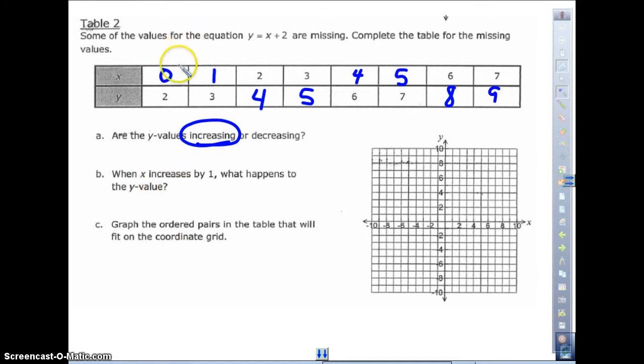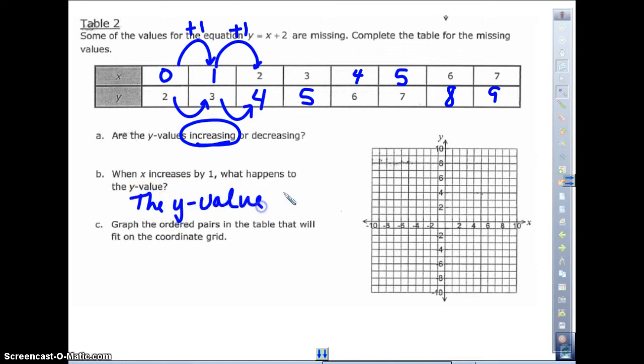When x increases by 1, what happens with your y value? Yeah, the y value increases by 1. Graph the ordered pairs in the table that will fit on the coordinate grid.